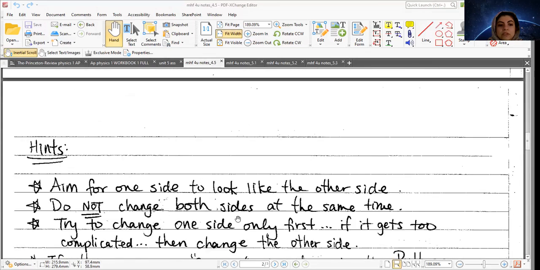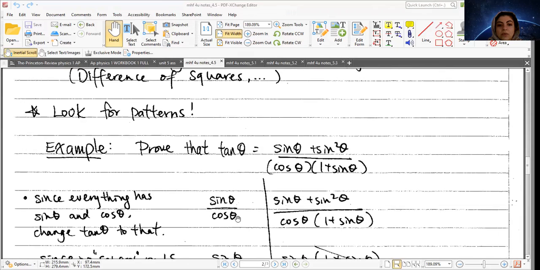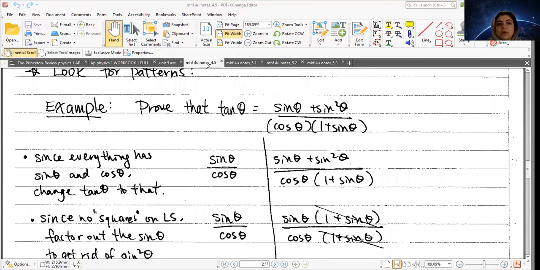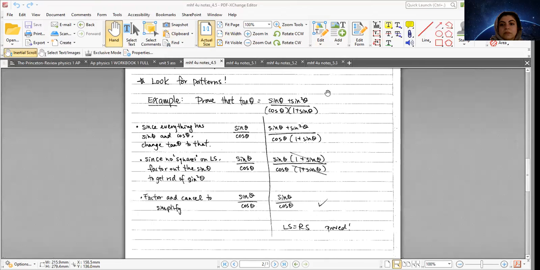So let's just do an example. See, the example is tan theta is equal to sine theta plus sine power 2 theta over cosine theta times 1 plus sine theta. Okay, what I do, I divide my paper into two.